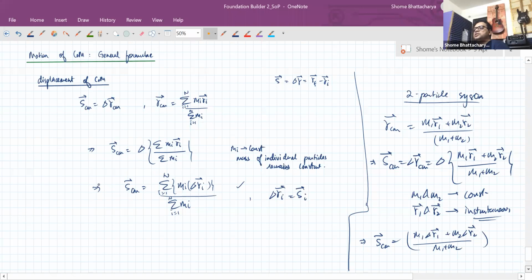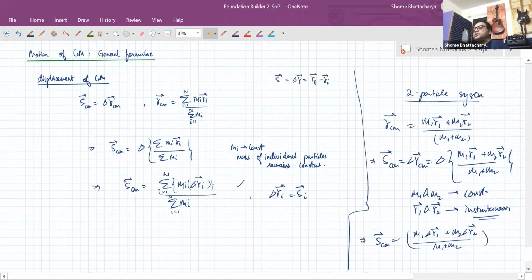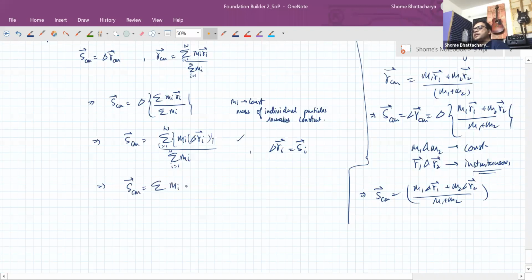Change in position is displacement. So the formula for displacement of center of mass becomes symmetrical to the formula of position. It is summation of m into s divided by summation of m.